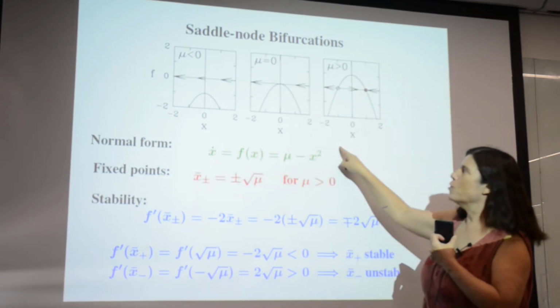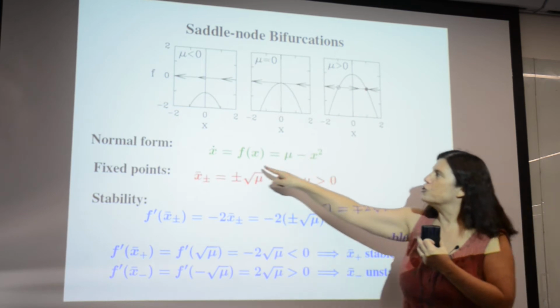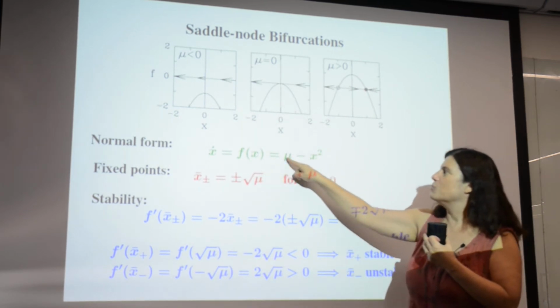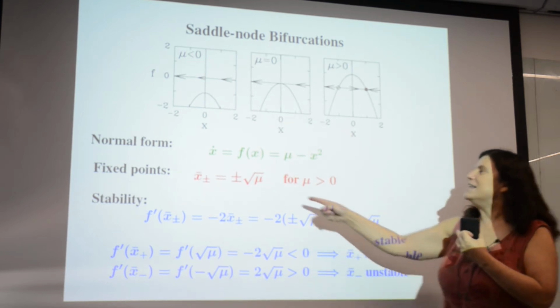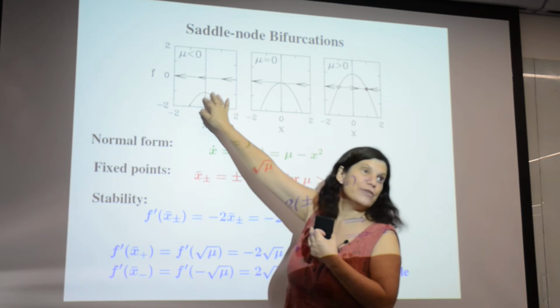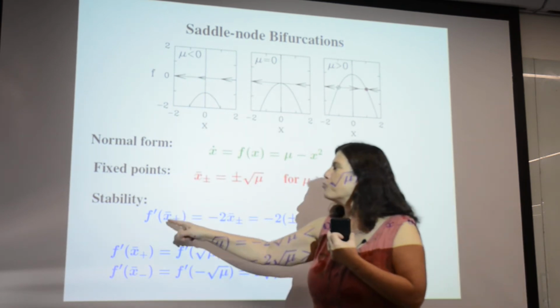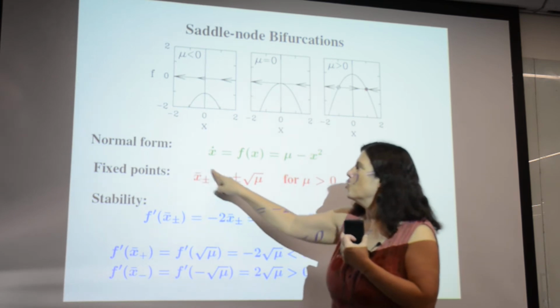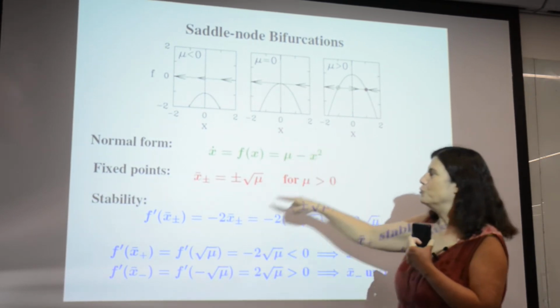This is the normal form, mu minus x squared. The fixed points are the solution, the roots of this f, meaning x equals plus or minus square root of mu. These exist only for mu greater than 0. That is to say, here there are no fixed points, as we saw. And their stability is governed by f prime of these 2 fixed points, and the derivative of this is minus 2x.